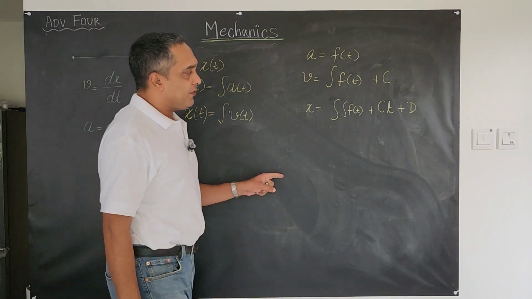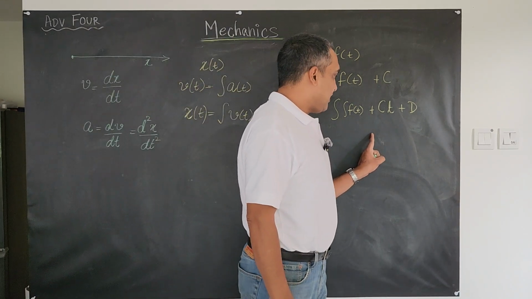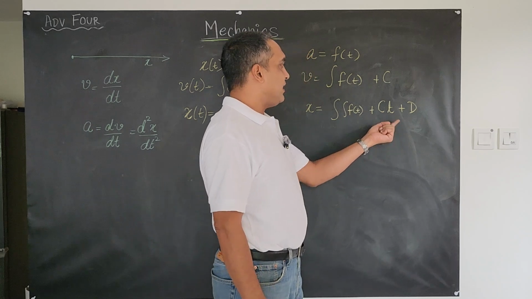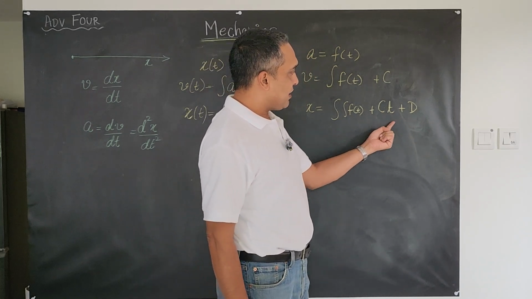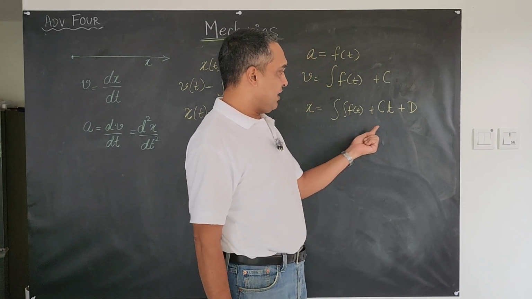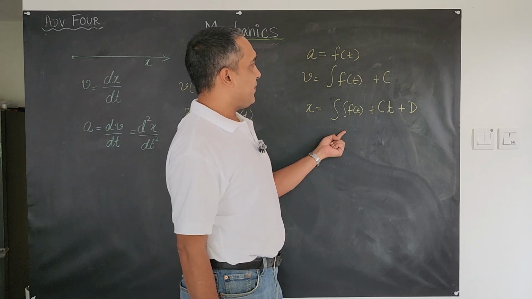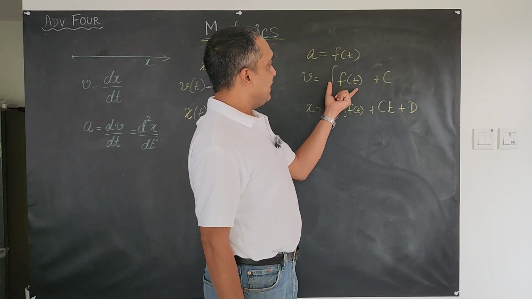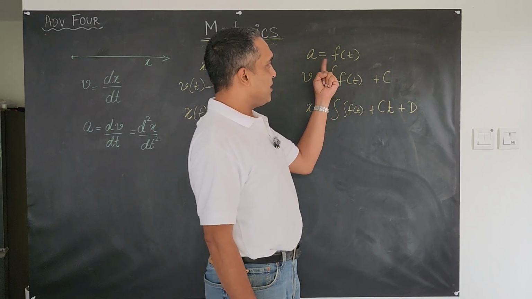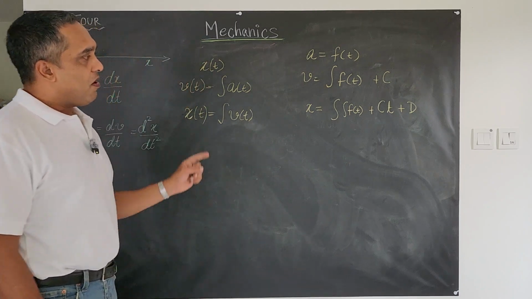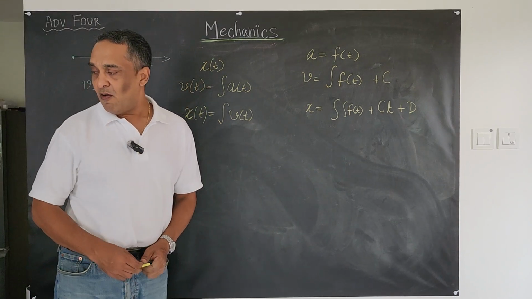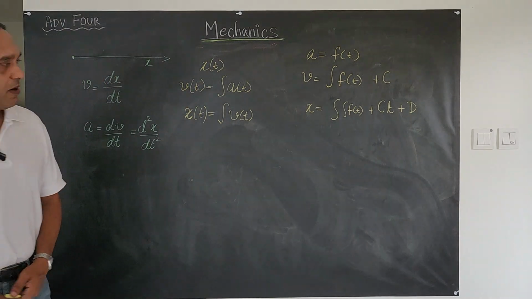So be very mindful of how this is. Yes, you integrate that, you get a constant, but that constant then gets the t, because when you differentiate, remember, that becomes 0, that becomes c, and this just becomes the integral of f of t. Differentiate it further, this becomes f of t, and that becomes 0, and you get acceleration. So be mindful of how the problem is set up, and that's really what I want to get to.